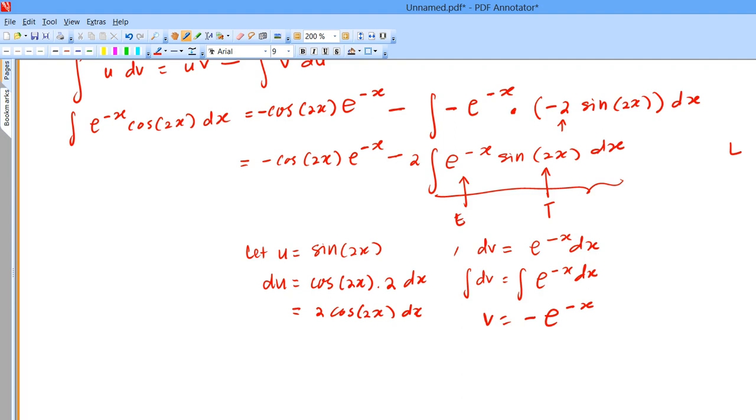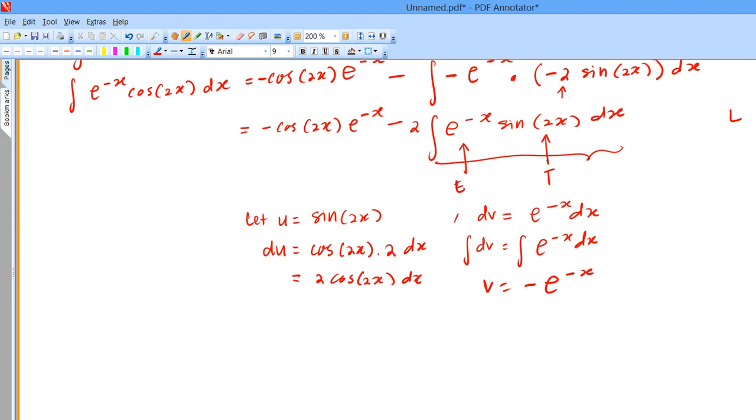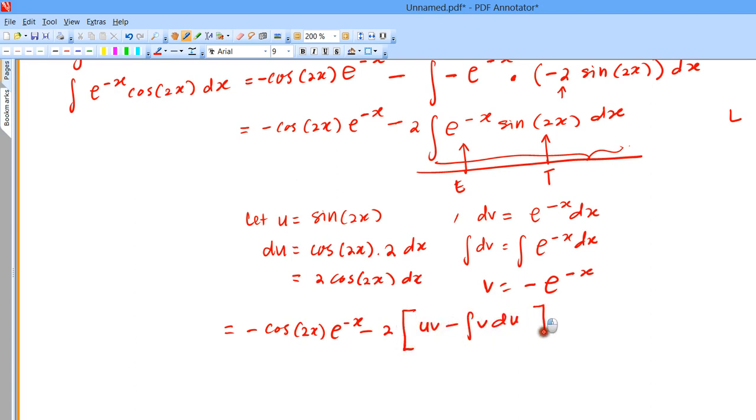Okay, next step, where we want to apply integration by parts, you need to write down the formula. Equal to, we have negative cos 2x e to the power of negative x minus 2. So we want to apply here. Write down the formula uv minus integrate v du. And then substitute.